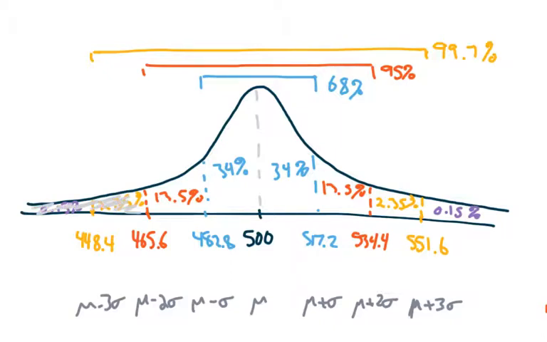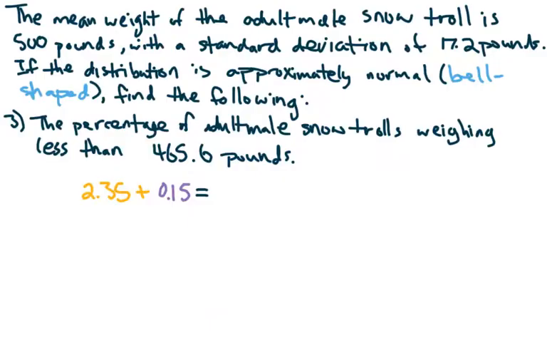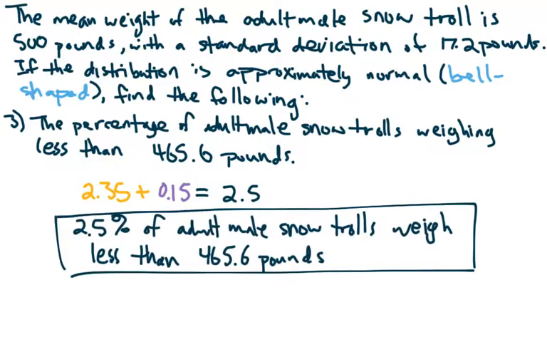So what is the sum of the two areas that I just grayed out? Well, 0.15 and 2.35. When we add up those two areas, we're going to get 2.5%. That's it. So there's our answer in a nice sentence. And we can move on to question 4.